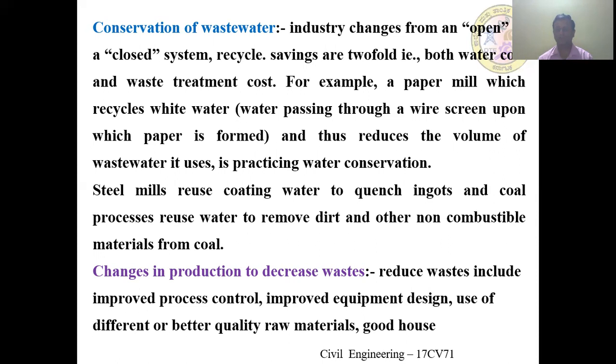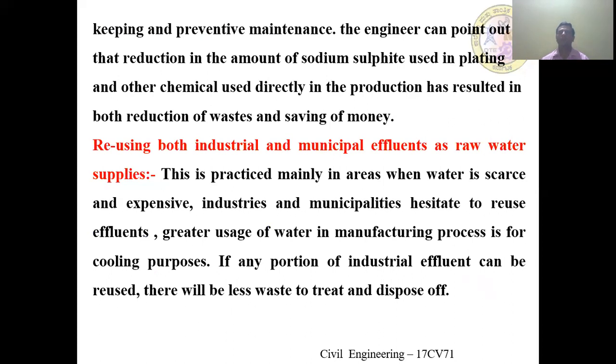So in this way, we can conserve some of the wastewater. And the third method, changes in the production to decrease the waste. Reducing waste includes improving process control, improving equipment design, use of different or better quality raw materials, good housekeeping, and preventive maintenance.